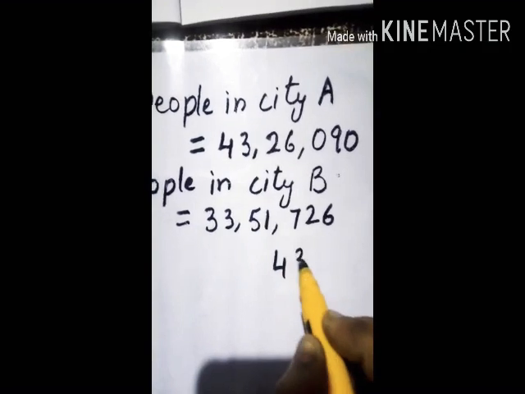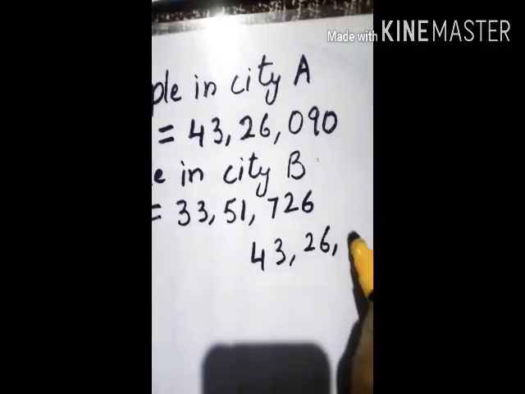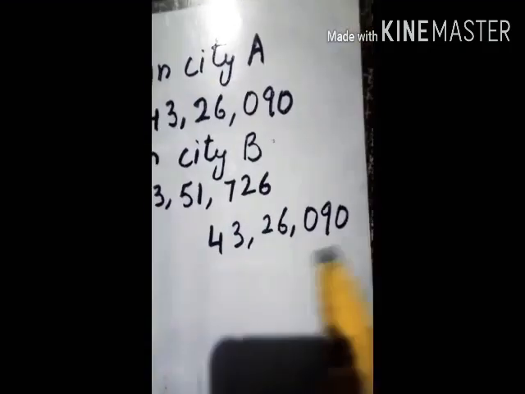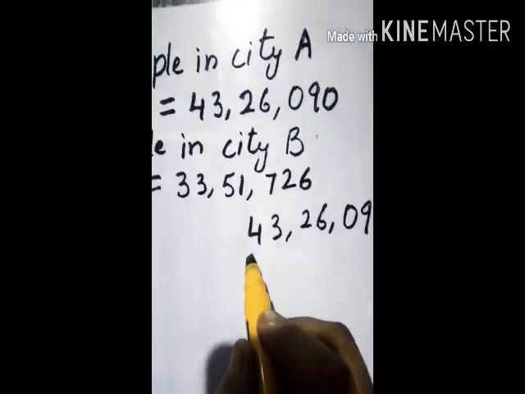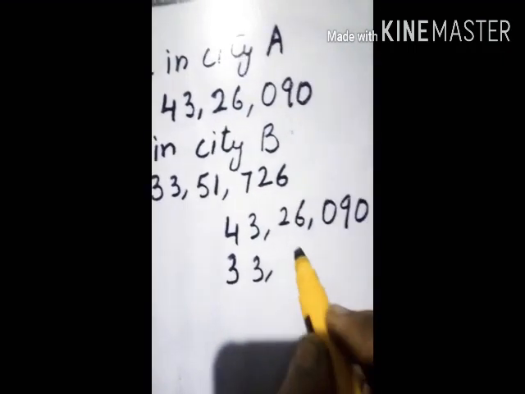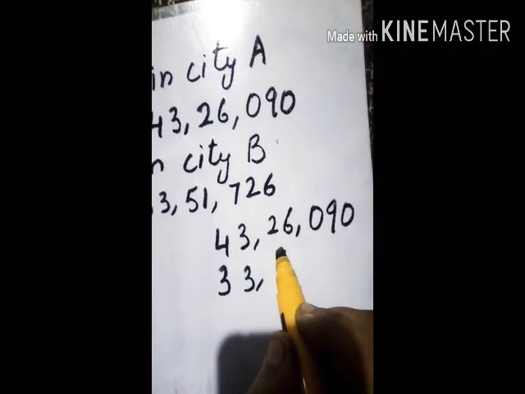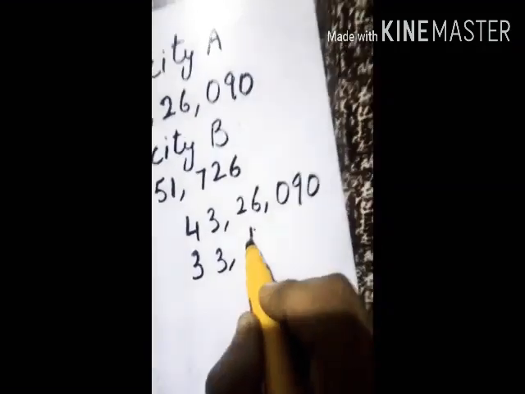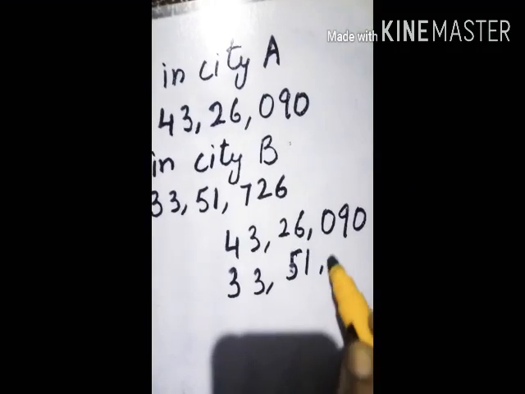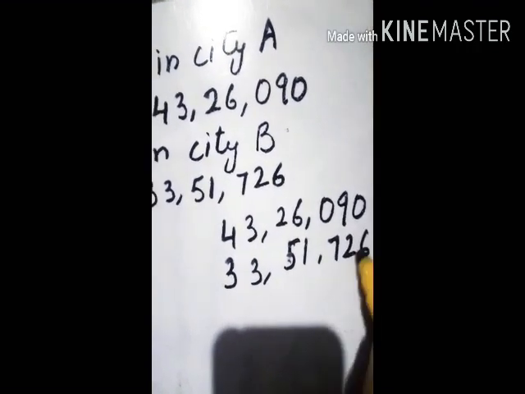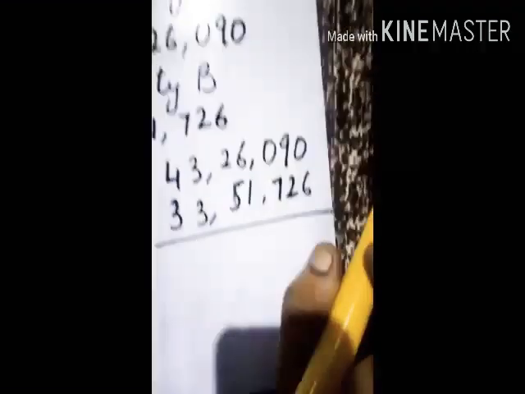Right here, 43 lakh 26,090. At the side you do this addition. And next is 33 lakh 51,726. Okay, add these two.